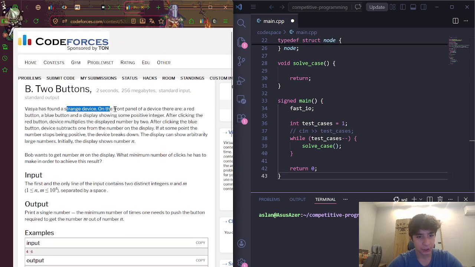Vasya has found a strange device. On the front panel of the device there are a red button, a blue button, and a display showing some positive integer. After clicking the red button, the device multiplies the displayed number by 2. After clicking the blue button, the device subtracts 1 from the number on the display.